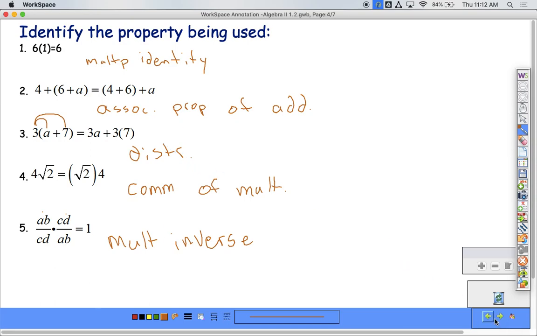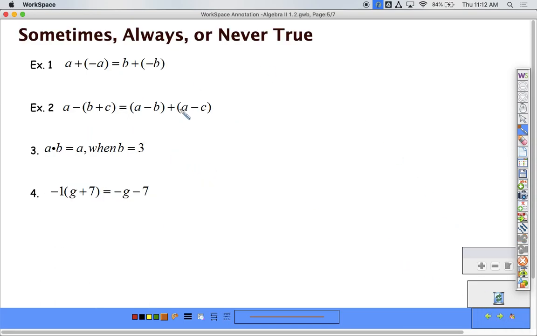All right, these fun sometimes, always, or never trues. So, the directions should be obvious, as it's sometimes, always, or never true. First thing I like to look at is, is a property happening here? If it's one of our properties, then it should be always true, right? A plus negative A. Well, that has to be 0, right? That would be our additive inverse.